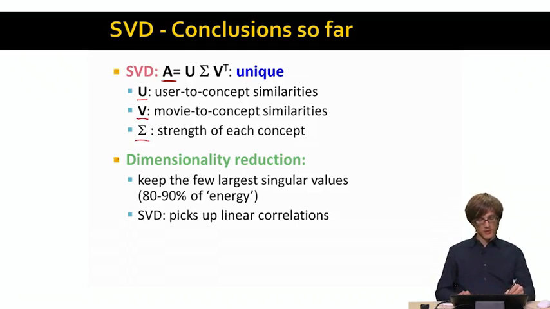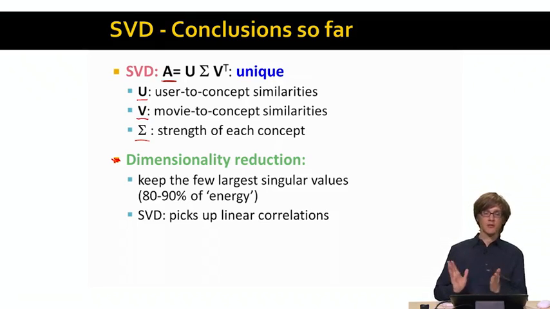The other thing we learned is how to do dimensionality reduction. The way we do it is by simply setting the smallest singular values to 0, which also means that we are removing the corresponding left and right singular vectors. How many dimensions do we pick?